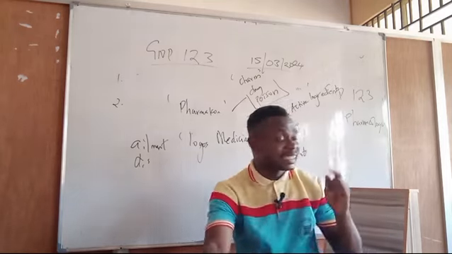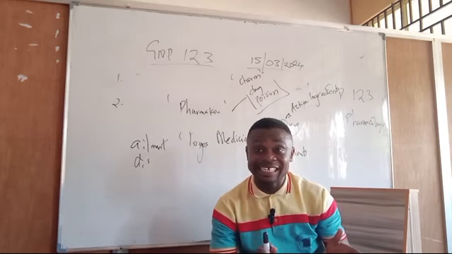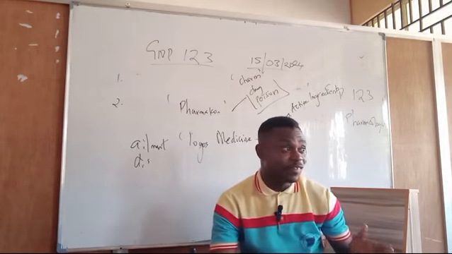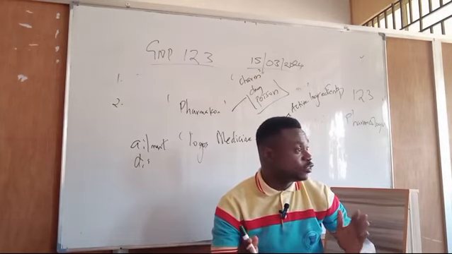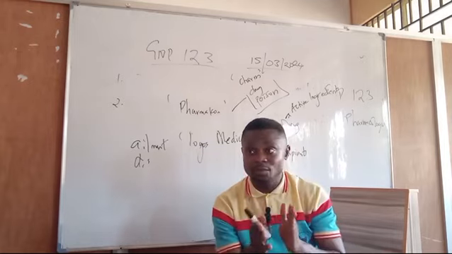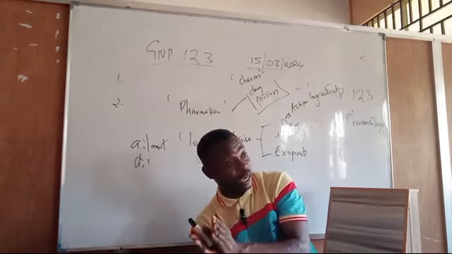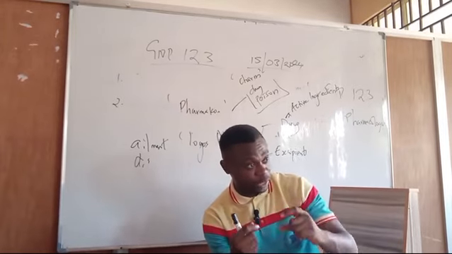There's a thin line between drug dependence and drug addiction. If you're not careful, you may somehow interchange drug addiction with what? Drug dependence. There's a thin line between them. When we go into drug addiction, I'll throw more light on that.